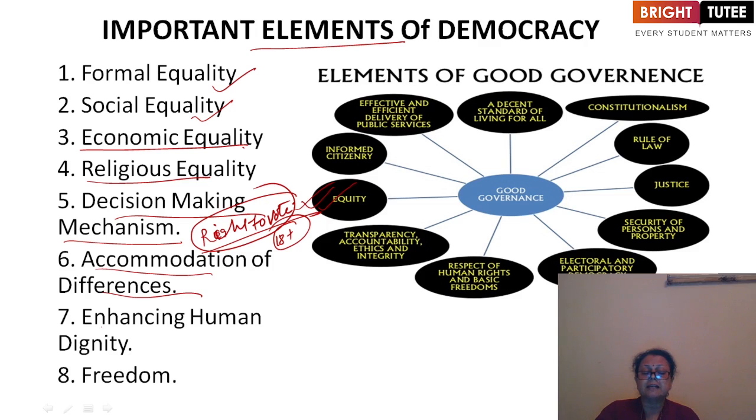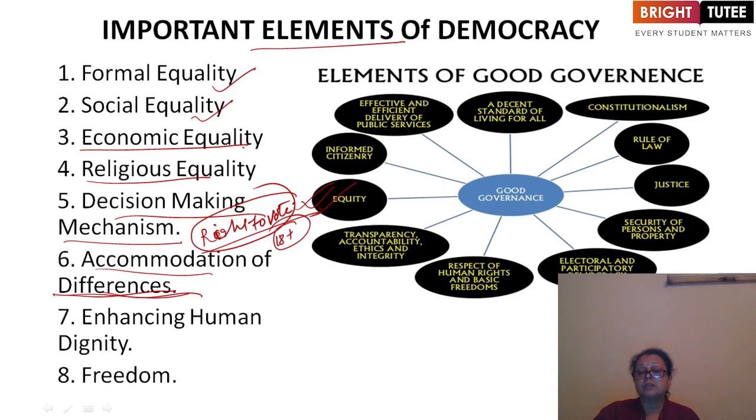The differences arise in caste, creed, language, and above all, social approach, which can at times lead to severe conflict, violent in nature. It may lead. Many times it has already occurred in our country. The communal riots, religious riots. So democracy is best suited to tackle and accommodate these differences because the minority gets as much importance as the majority. So it's very important to understand how differences are accommodated in democracy.